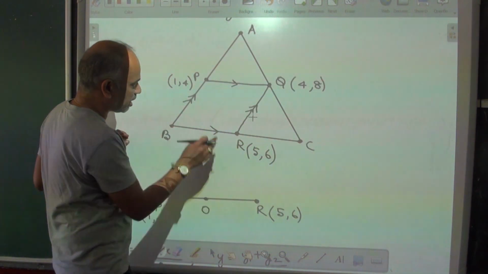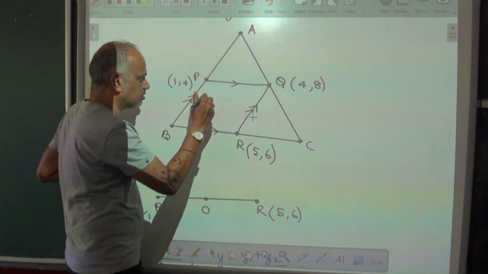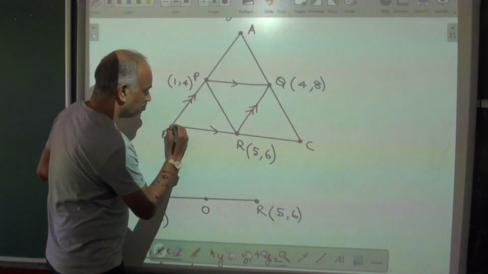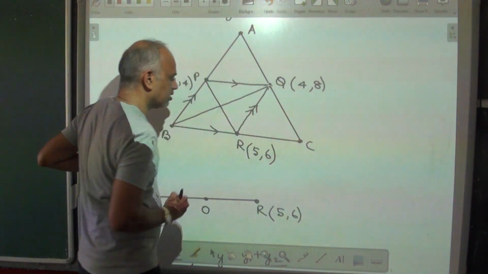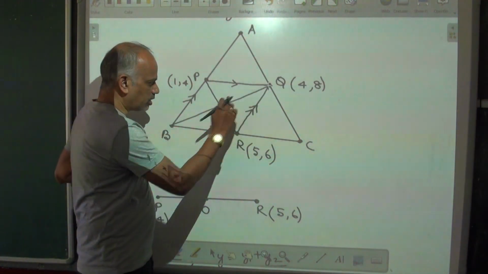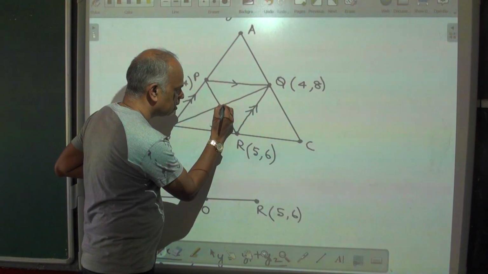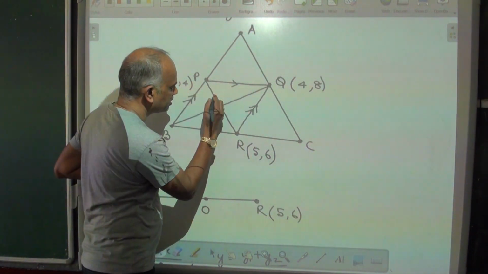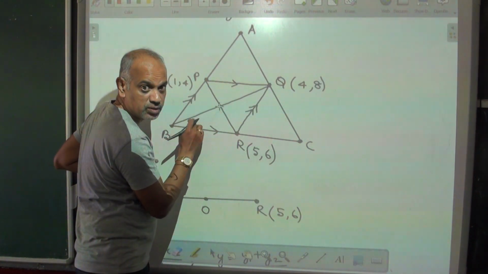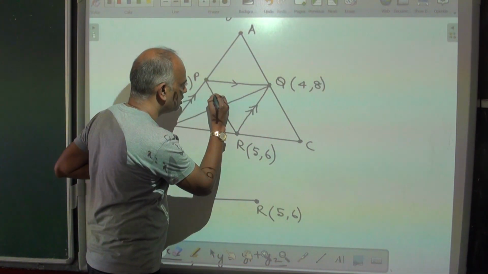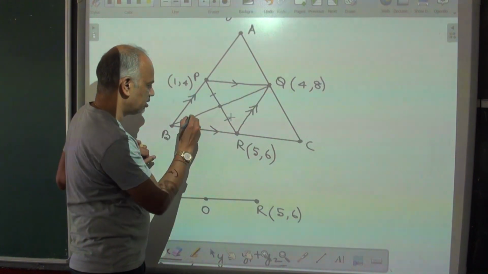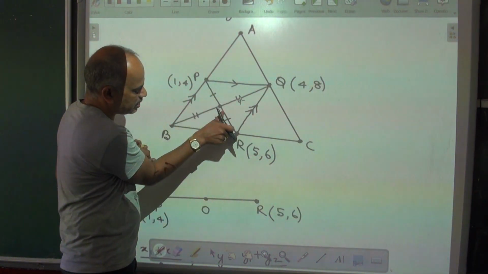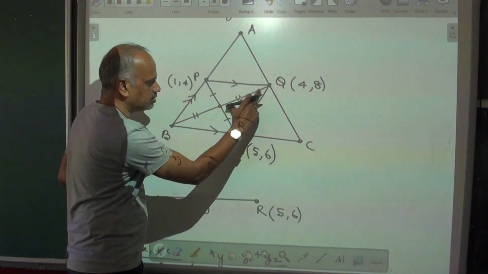So I am going to join the diagonals. PR is one diagonal. BQ is the second diagonal. When you join them, diagonals bisect each other, which means they divide themselves into two equal halves. So this portion and this portion will be equal. This and this are equal.